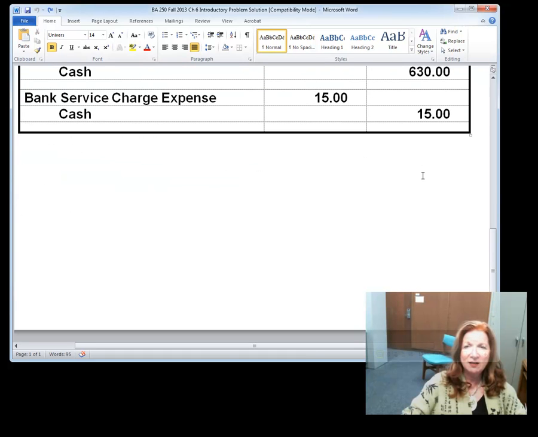And then the final adjusting entry is a debit to bank service charge expense for $15 and a credit to cash, make the expense go up, make the cash go down, and it would be $15.